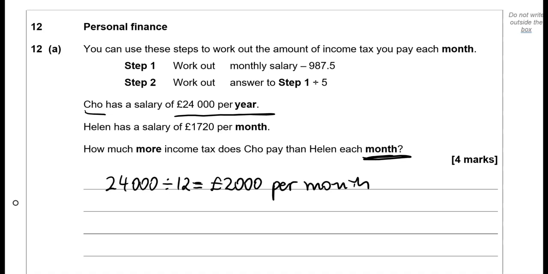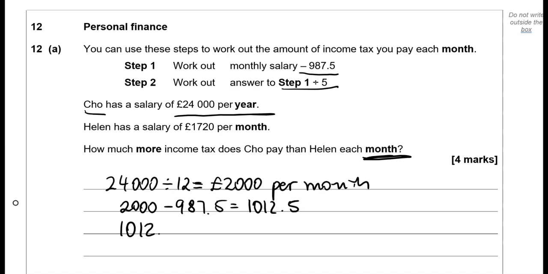Let's work out how much tax he pays. So 2,000 take away 987.5 gives us 1,012.5. Now divide that by 5.